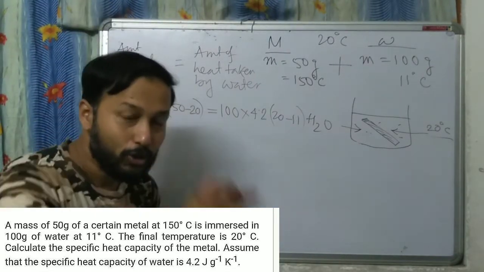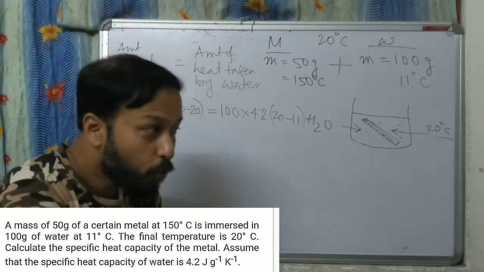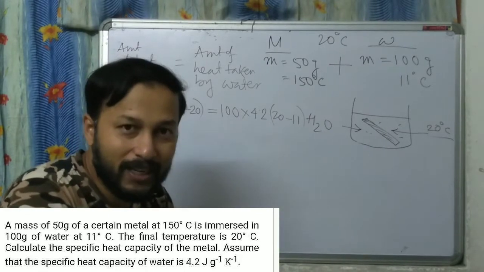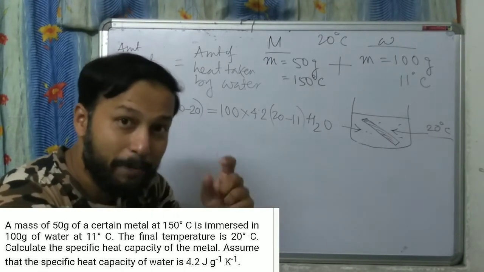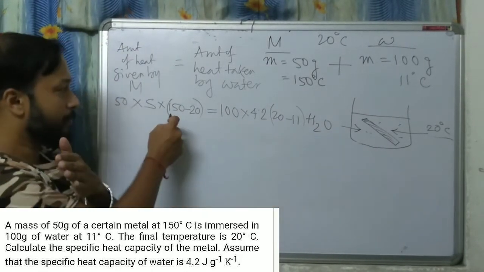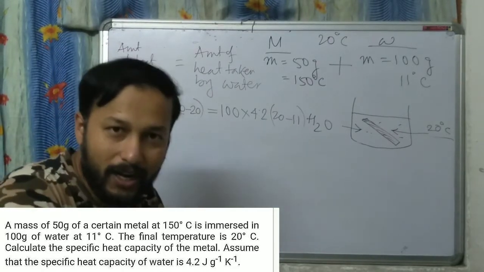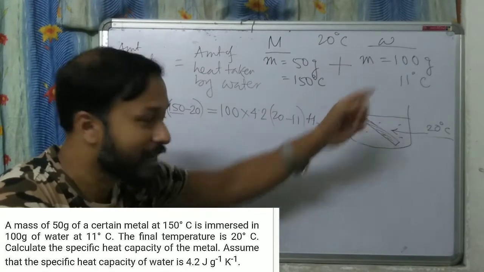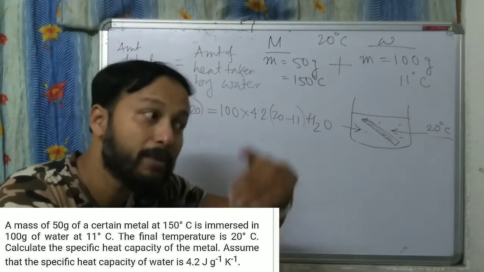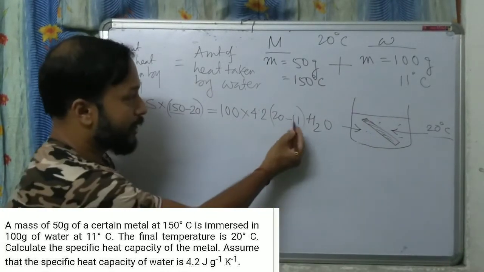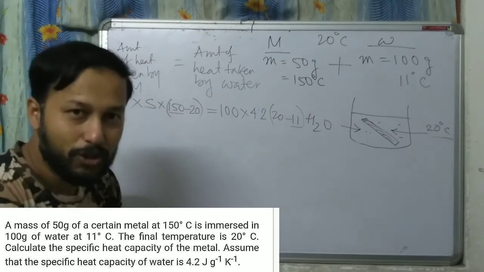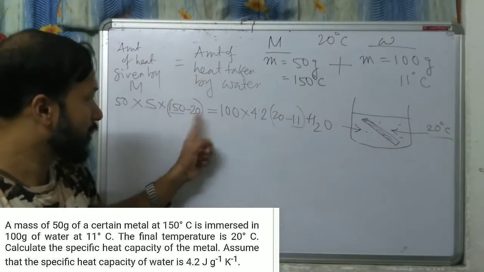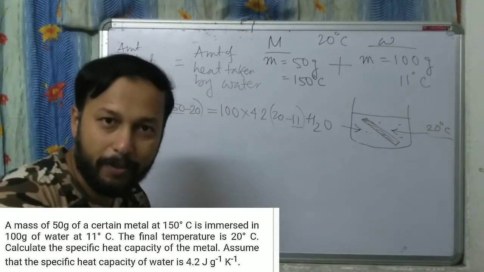Understood? So what I told you, who is giving heat? That material's temperature will be written first. Who is taking heat? Water is taking heat. So water's temperature will be written at last. Understood?